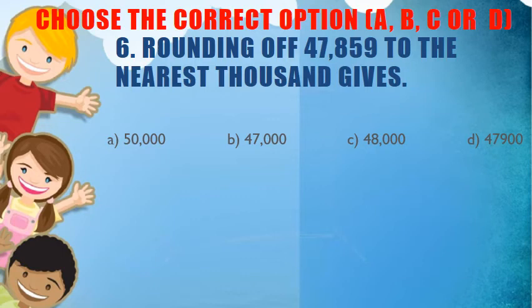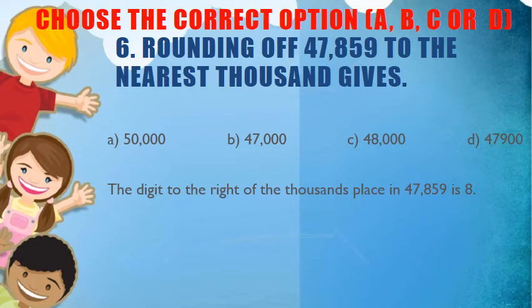So children, we have to round off 47,859 to the nearest thousand. So first of all, let us see what is the digit at the thousand place. The digit at the thousand place is 7. And now children, the digit to the right of the thousands place in 47,859 is 8. And children, 8 is bigger than 5. So what we are going to do?